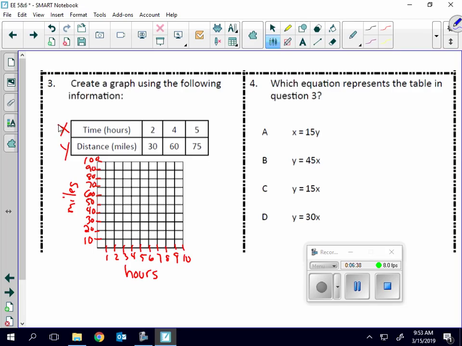So 2, 30, you guys know how to graph. 2, 30, 4, 60, and 5 is 75. And we know it's proportional, so we know it goes through the origin. If that helps you to graph it, we're going to go ahead and connect our dots because time is continuous. There it is.